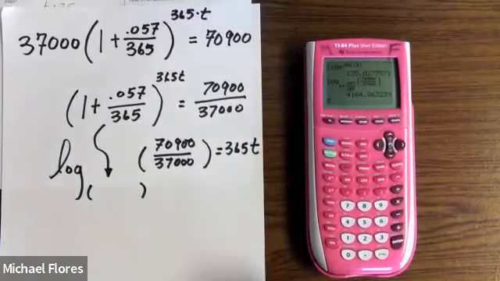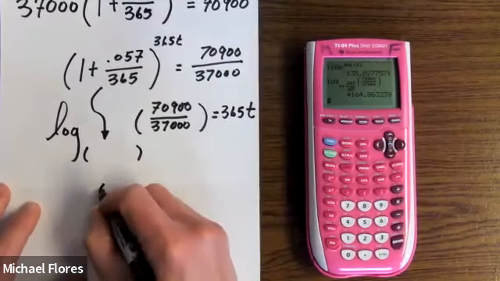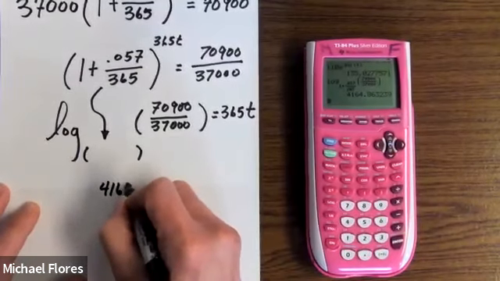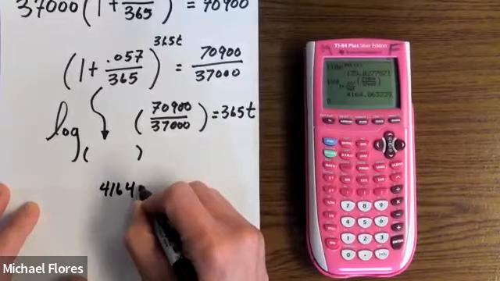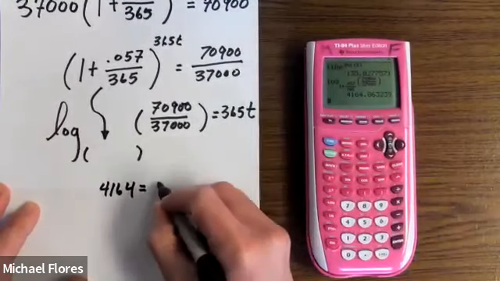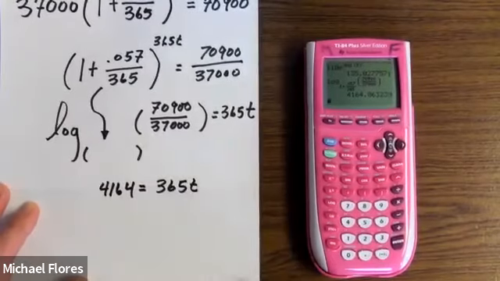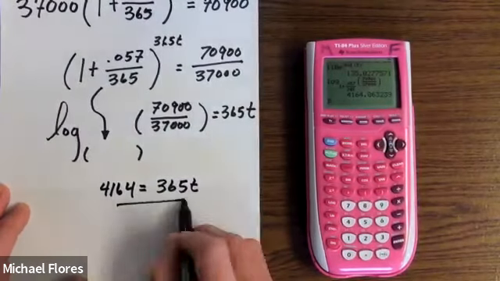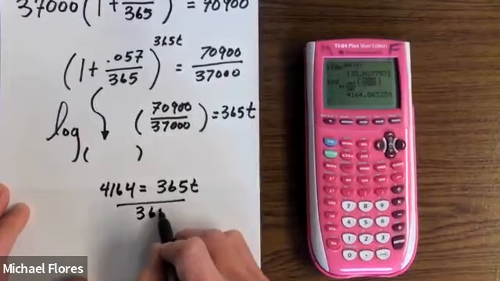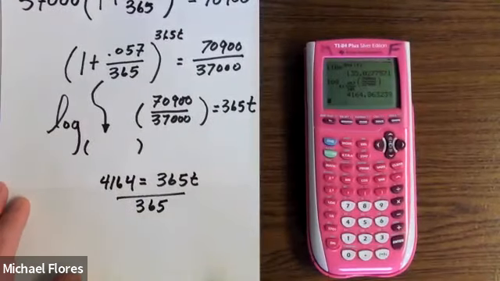All right, so that's what all this equals here, just to give you a visual. 4164, I'm not going to write the entire thing down, is equal to 365 times t. And now we can solve for t by dividing both sides by 365.